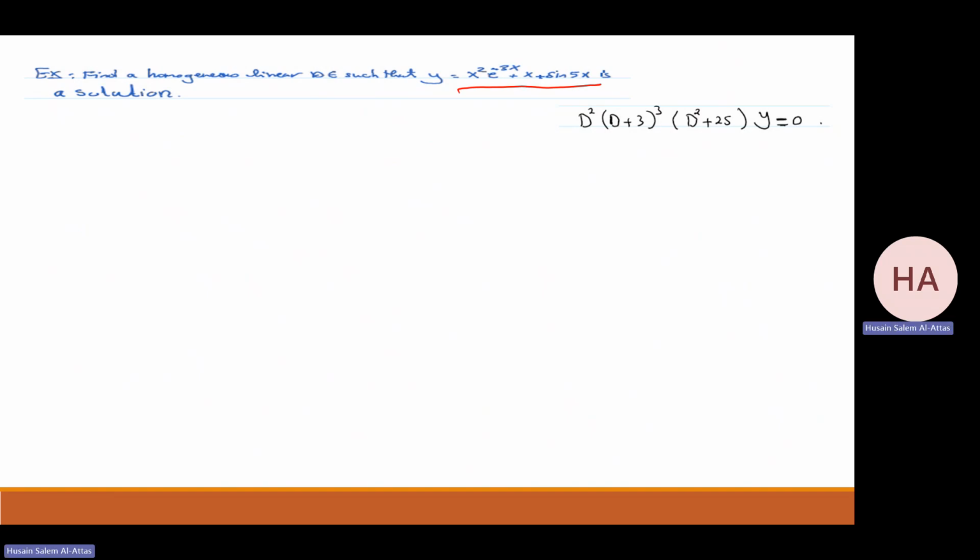It's a solution. Then maybe some of them are there, but where the constant or the coefficient is 0.